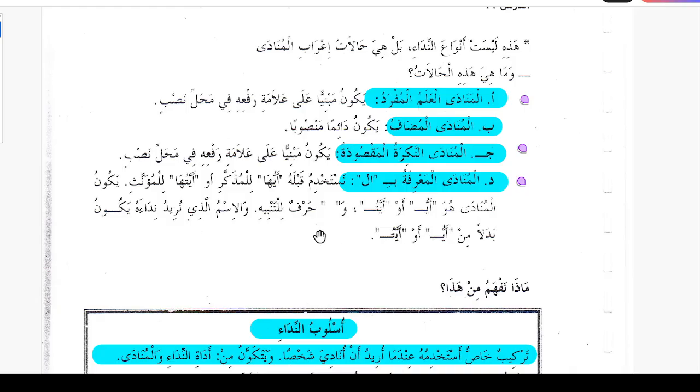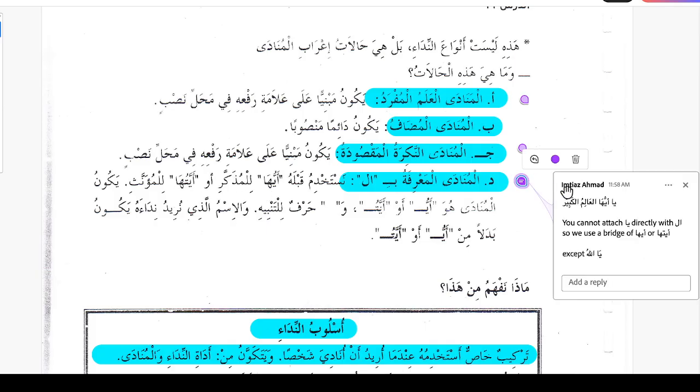So like if we take the same example, ya ayyuhal alimul kabir, alimul kabiru, you cannot attach ya directly with al, so we use a bridge of ayyuha, ayyatuha. There is an exception that we can use ya with Allah, which has al, so that is the only exception.